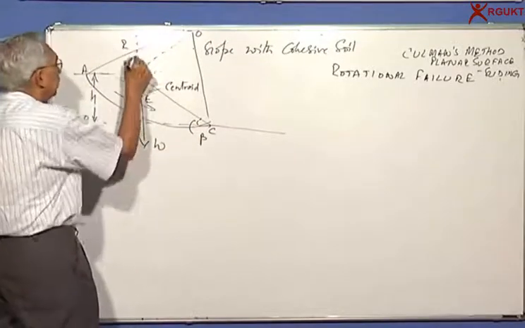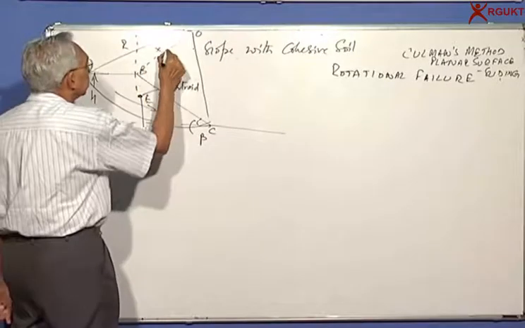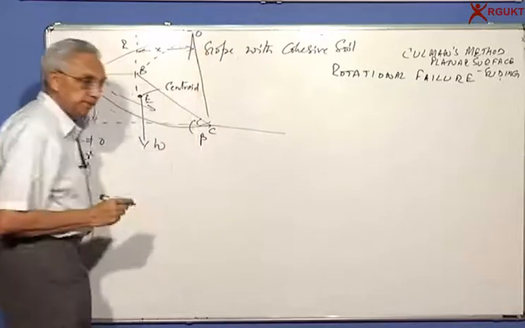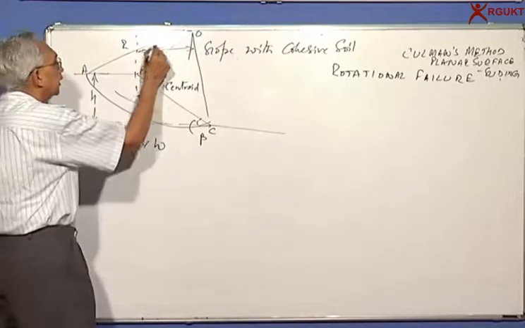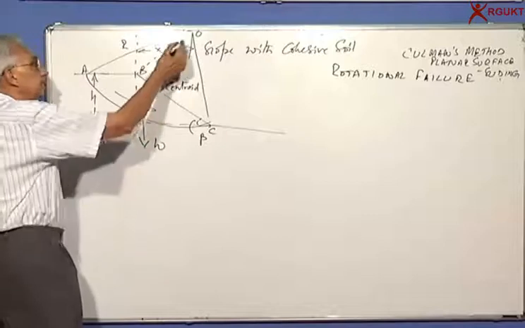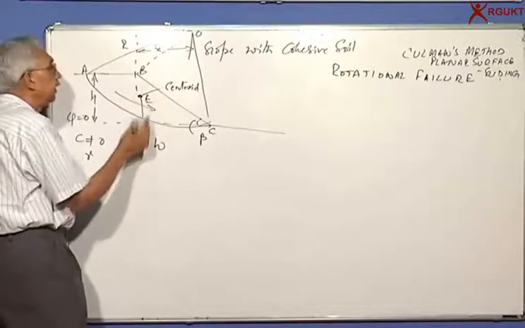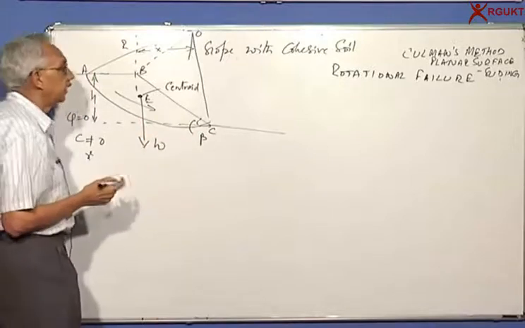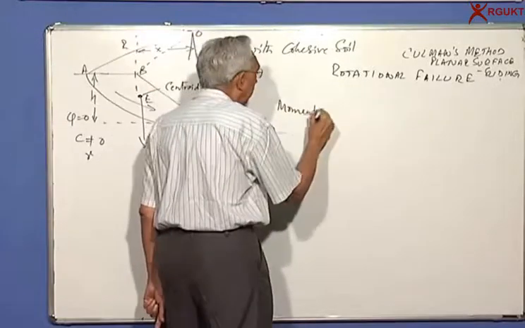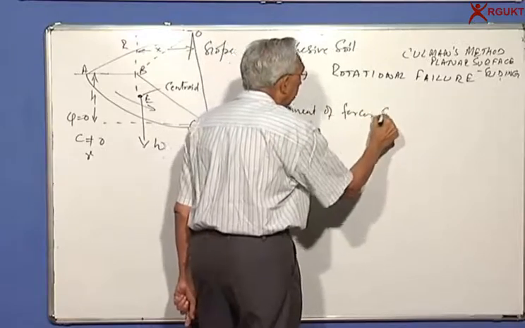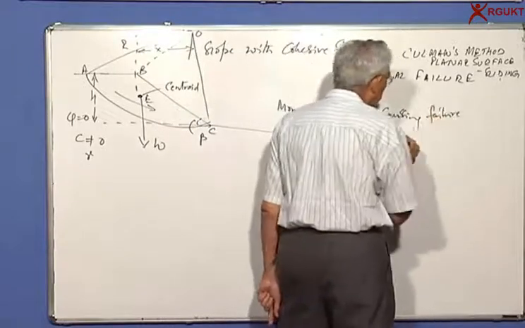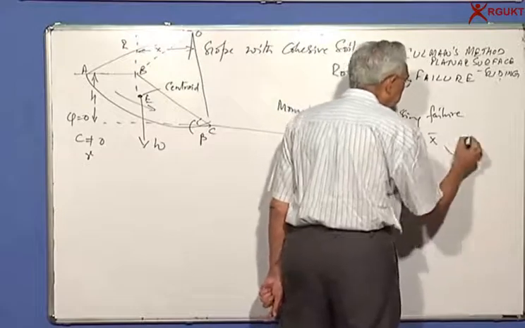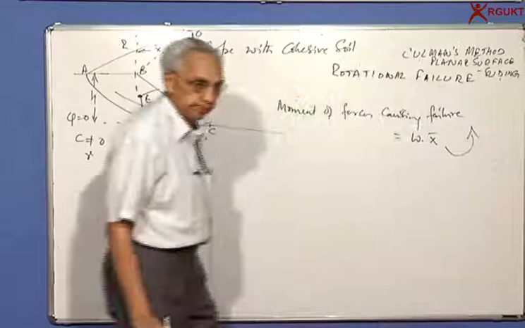Now you find out the horizontal distance from the center. That is called X bar. Now you can see W, the weight, into X bar gives me a moment causing sliding. So the moment of forces causing failure is equal to W into X bar, which is counterclockwise, anti-clockwise.